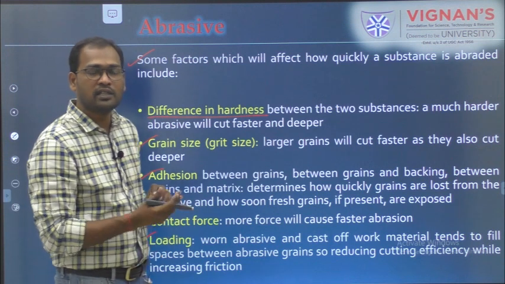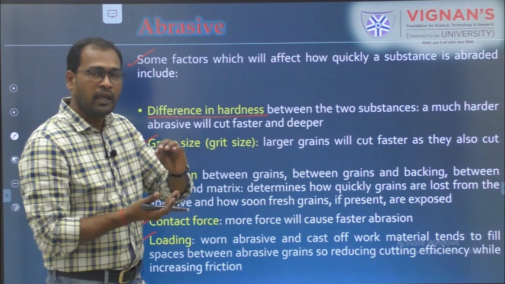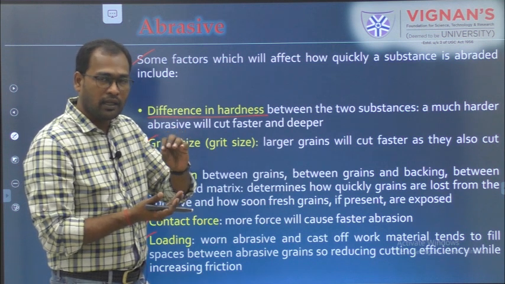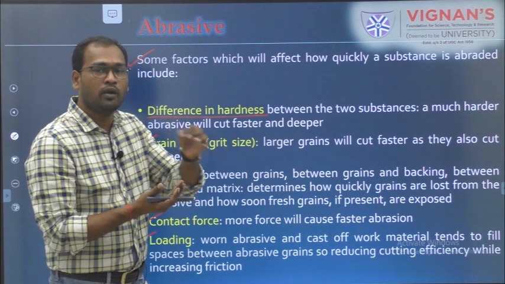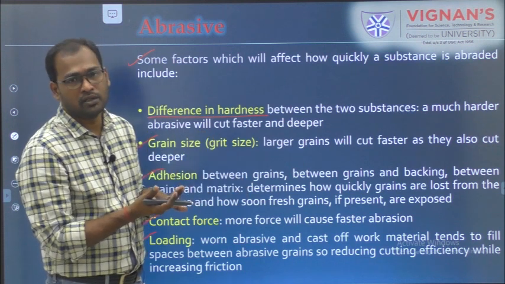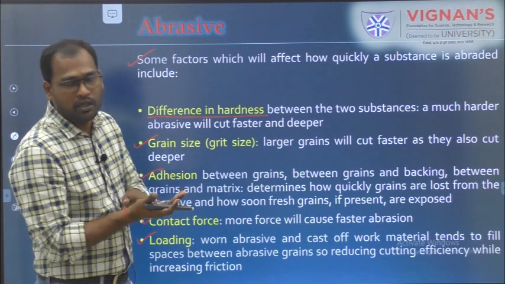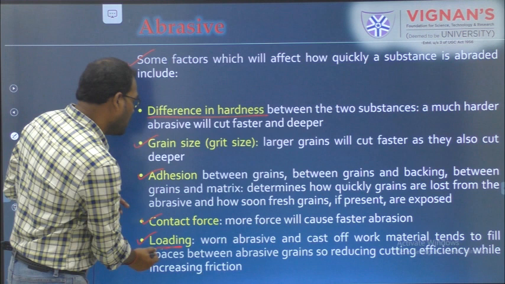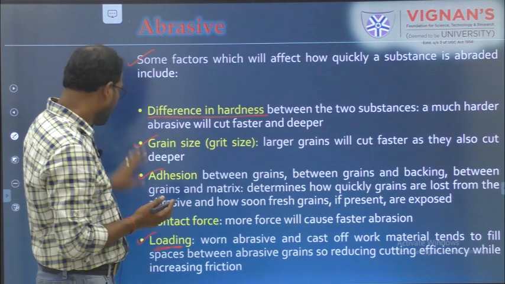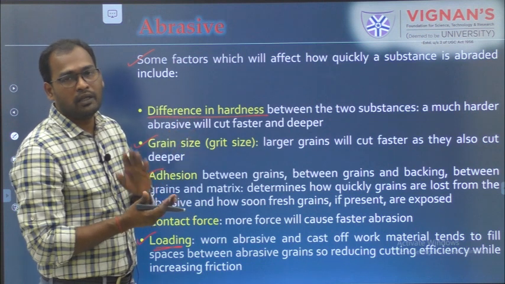Loading is when you do an abrasive action, the surface will be worn out, and the removed particles might go and fill into the grain, and then it will hinder the abrasive action. So this is also a factor when you are doing abrasion, and we call it loading. So these are the 5 characteristics which have to be looked for when we are doing abrasion.